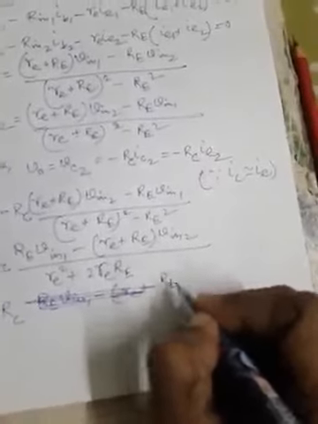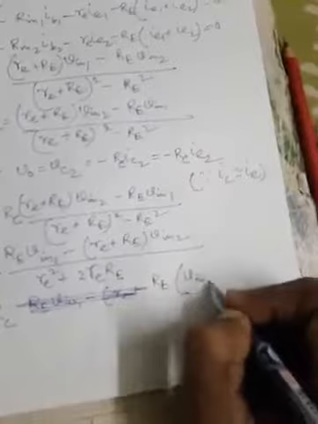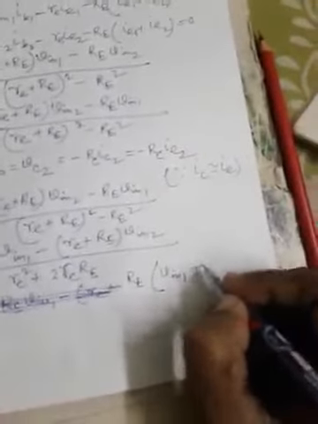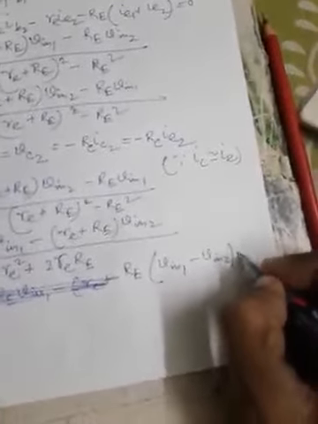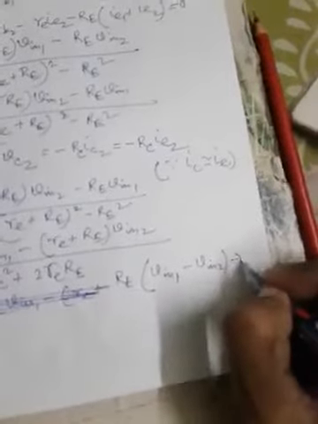Let us have a little bit of manipulation. Just remove this bracket and take capital RE as common. So RE (V in 1 minus V in 2) minus re V in 2, this one, divided by RE as common, then small re plus 2 capital RE.